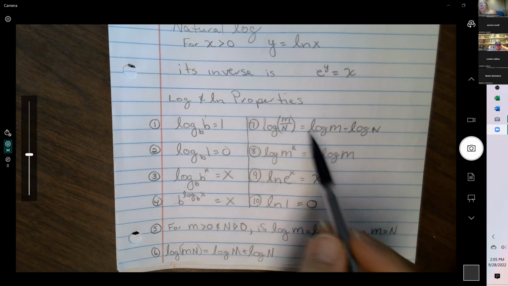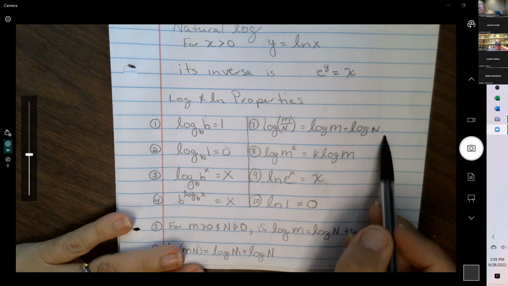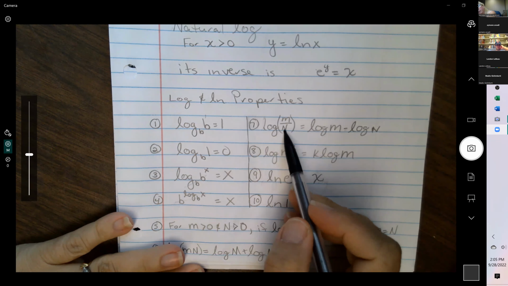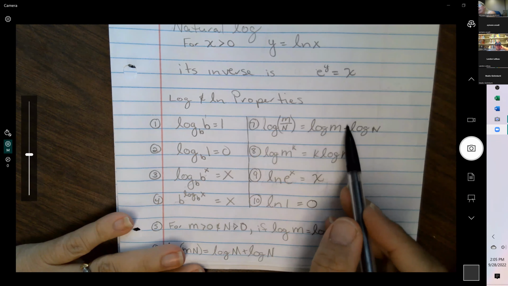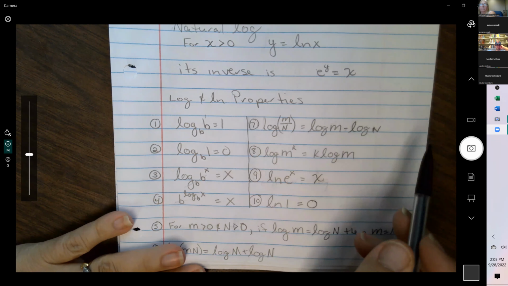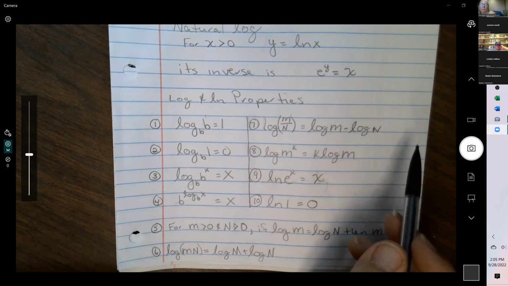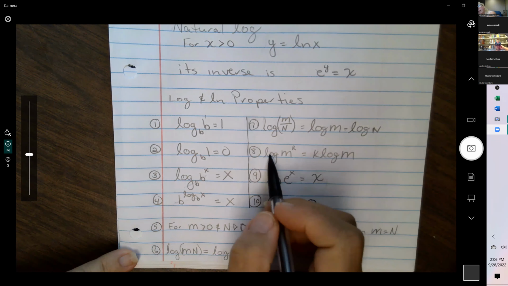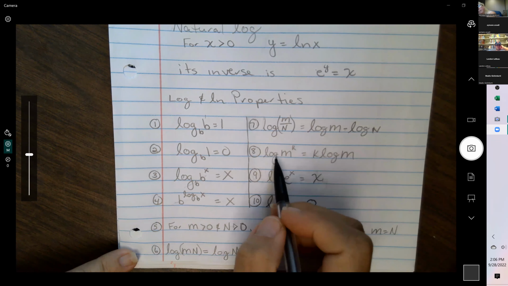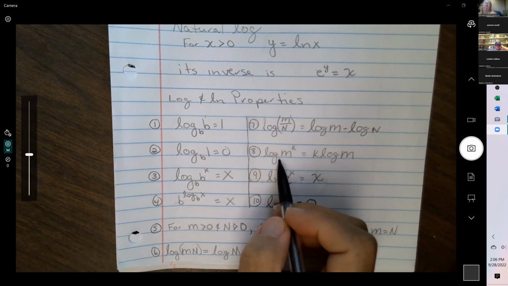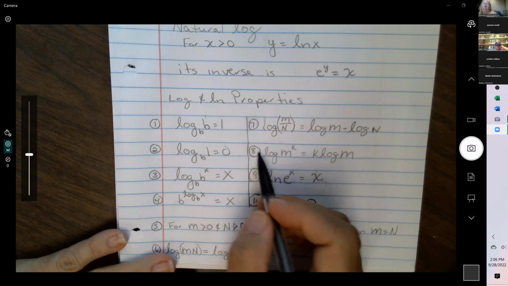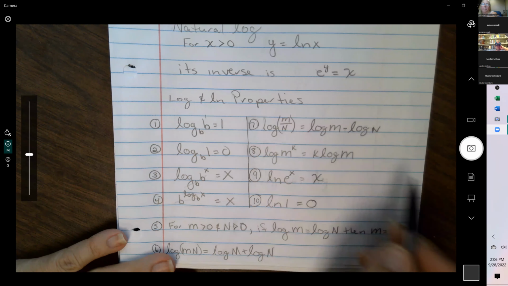When you're dividing, it becomes a subtraction. It's the top one minus the bottom one. So you always subtract the bottom. Log of m to the k, it can be any base, you can bring the k down in front, k log of m.